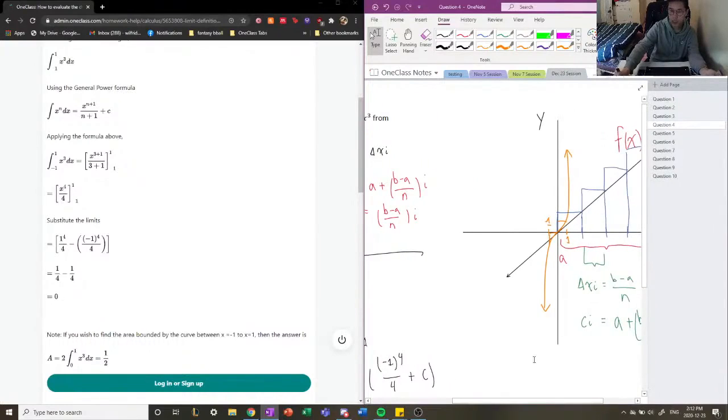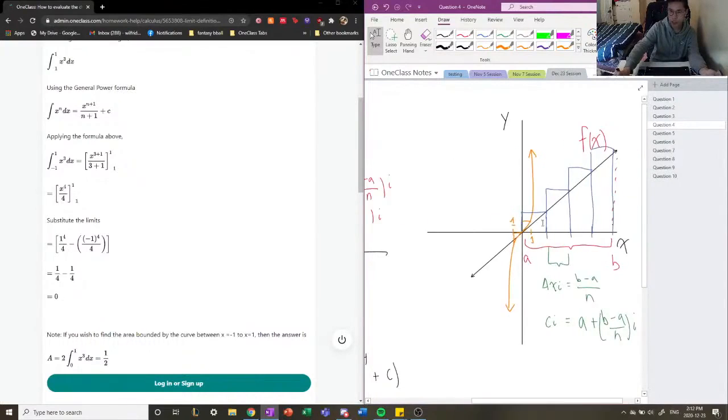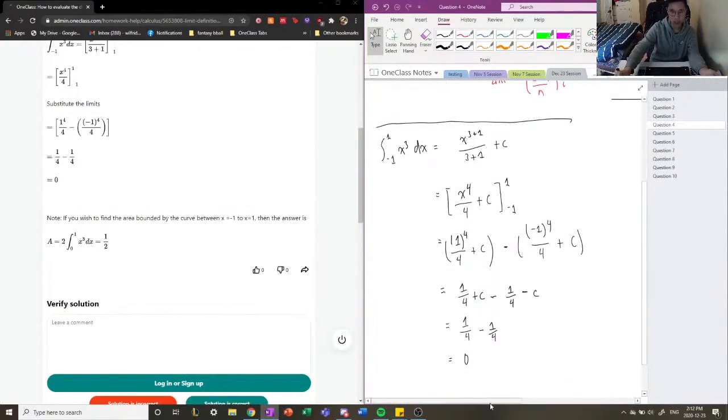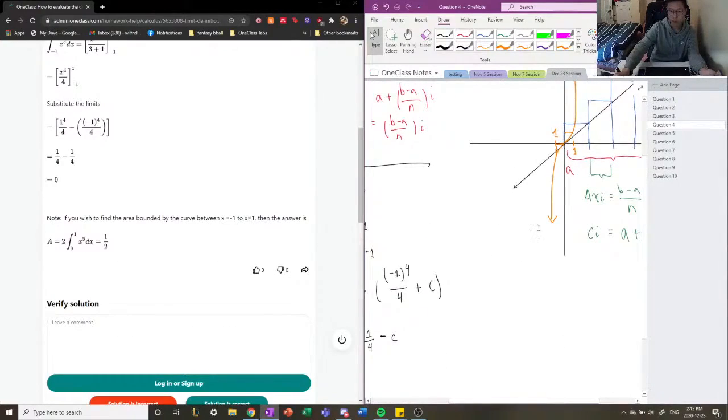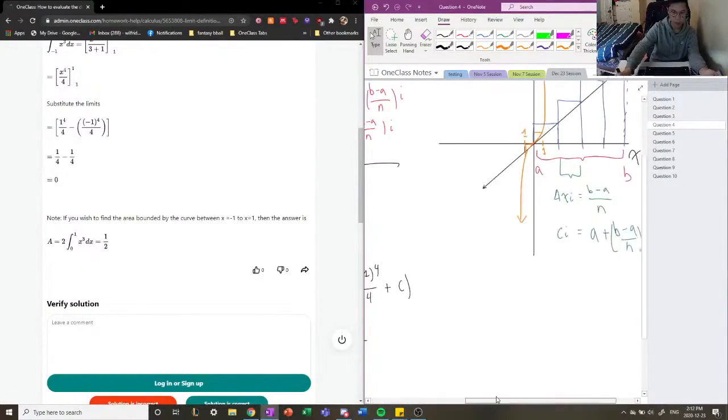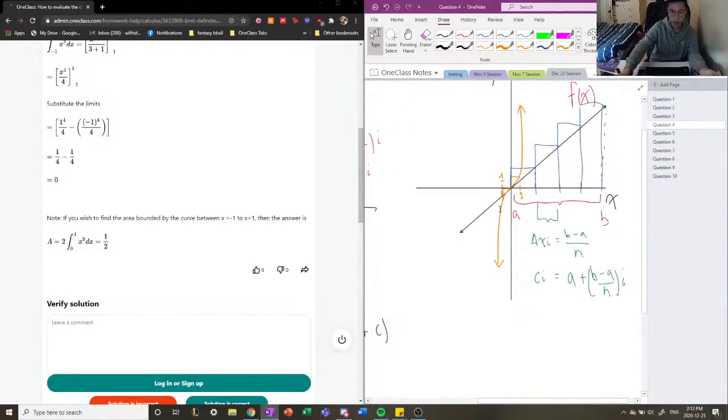So if we're adding this together, we'll get 0 because they cancel each other out. So if you actually wanted to calculate the area under the curve without considering negative areas, you would just multiply the integral from 1 to 0 by 2. By doing so, you would bypass the negative area, and you would just need to multiply this because you know that this area and this area are the same. They're just negative and positive, right?